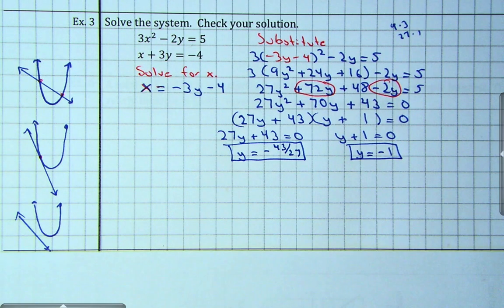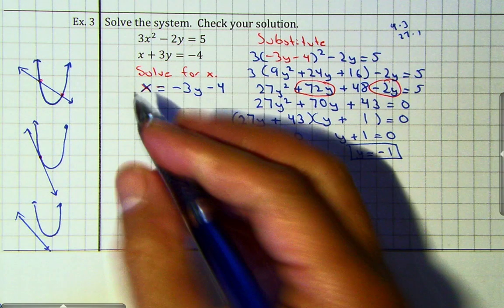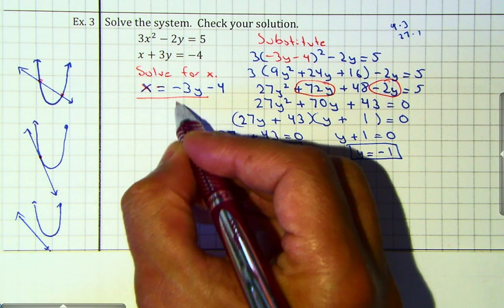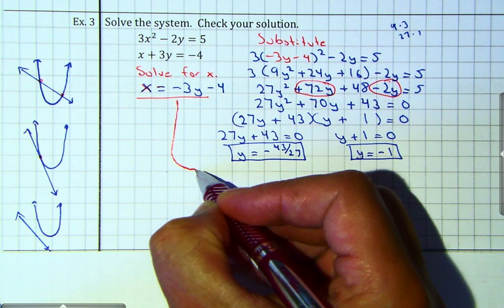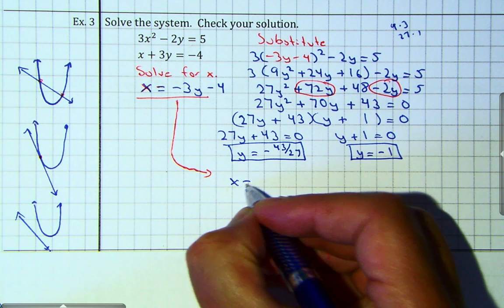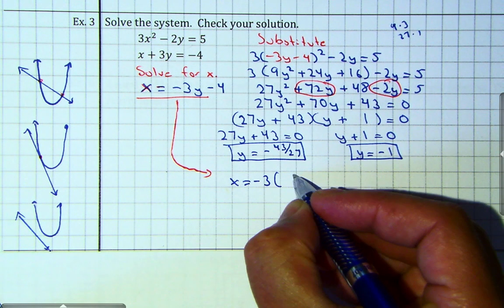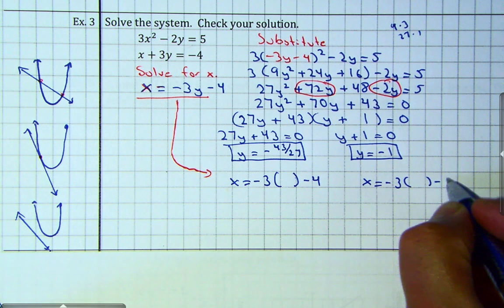Now we need to find the corresponding x values. So let's plug in to get x. I'm going to use this equation here, and now we can just plug it in. So x equals negative 3y minus 4.